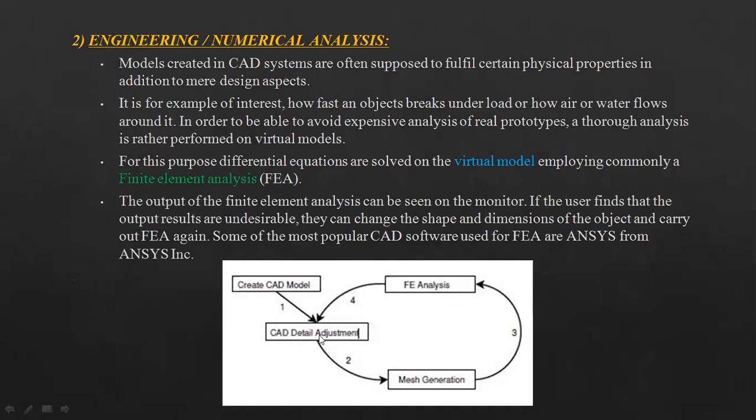As I said, you may want to simplify it. After that, you will go for mesh generation, right? Meshing, dividing the object into elements. After that, you carry out the FE analysis, and based on that, you either go for CAD detail adjustment, or if it is done, that is finalized. Okay, but generally it's not the case. You require several iterations, right? So this is the optimization cycle, is what we can call.